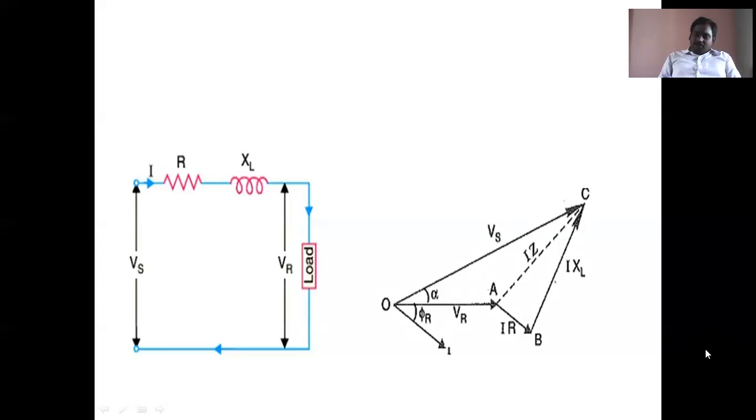I into Z means I into R plus JX, plus VR. That's why VR plus I into Z, or I into R plus JXL, is commonly called VS. This is VS, which connects the two vectors IR and IXL.